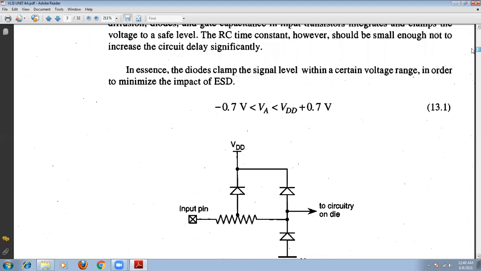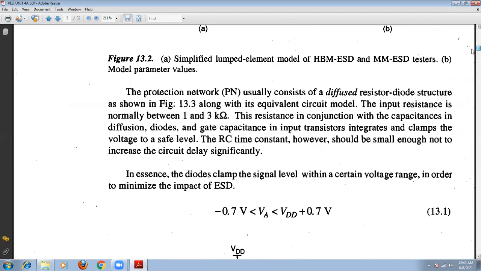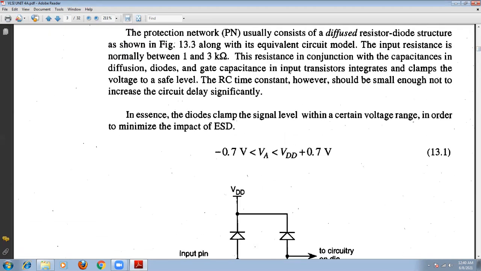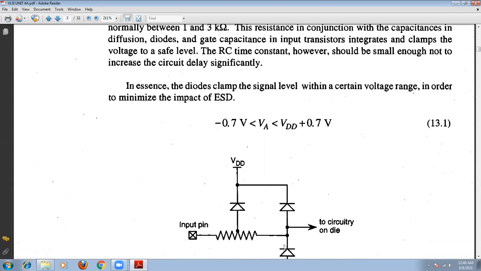Here this is the diffused resistor circuit. The input resistance is from 1 to 3 kilo ohm, and this is used in conjunction with the capacitance in the diffusions and diodes and the gate structure of the input transistor, which integrates and clamps the voltage level to a certain safe level.